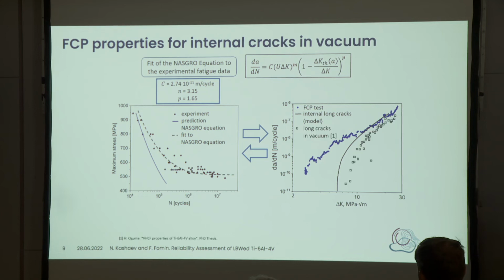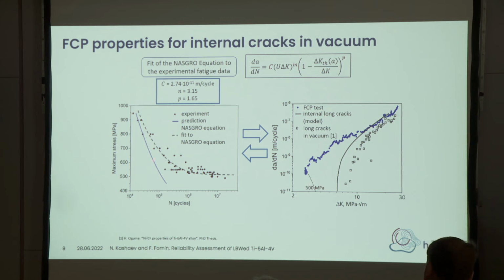And we see, for example, in the literature, there are also data available for fatigue testing of specimens in vacuum-like conditions. You see, we have different behavior in comparison to our experimentally obtained results performed in air.